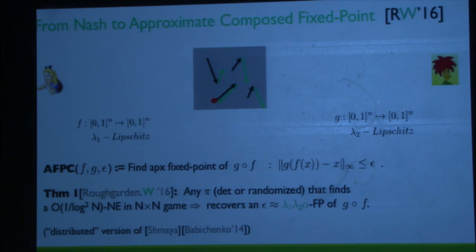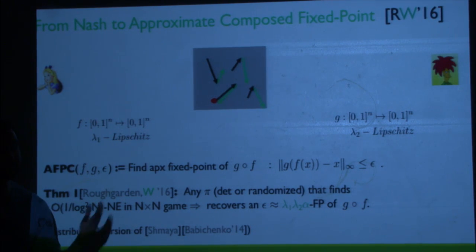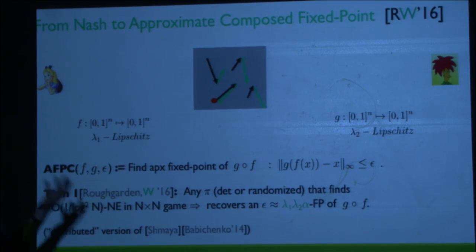They use this Sperner type reduction, right? Yes, showing that reducing Brouwer to Nash, that I agree. But the technical part, let me describe the reduction, and you'll see.